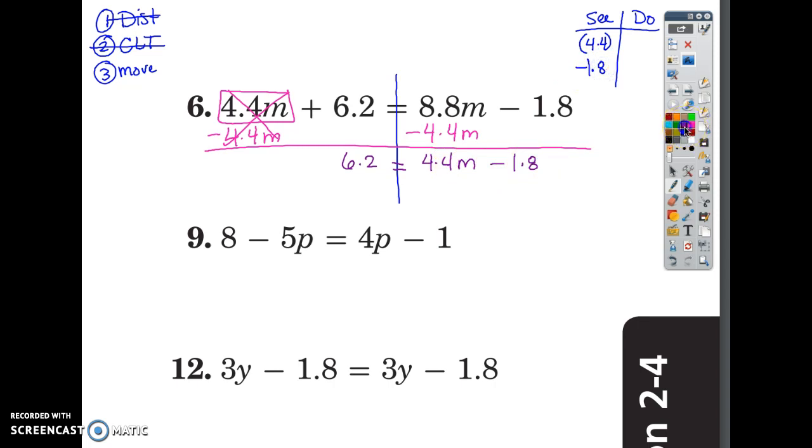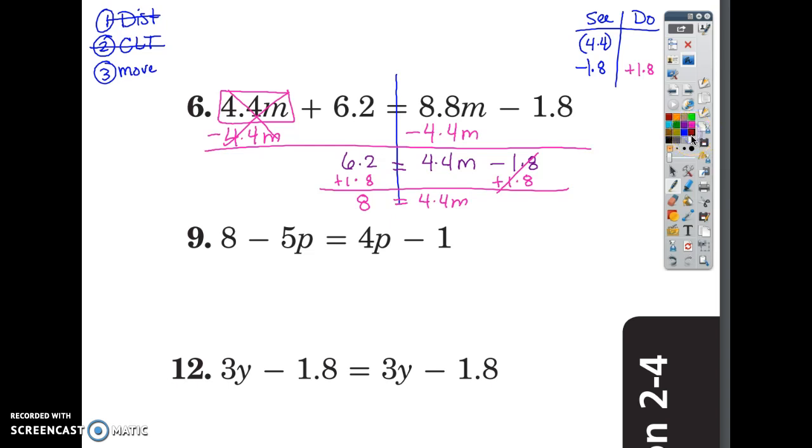So what are you going to do first? You're going to add 1.8 first to both sides. So plus 1.8 plus 1.8. If you put 6.2 plus 1.8 in the calculator, what does it give you? Positive 8 equals 4.4 M.